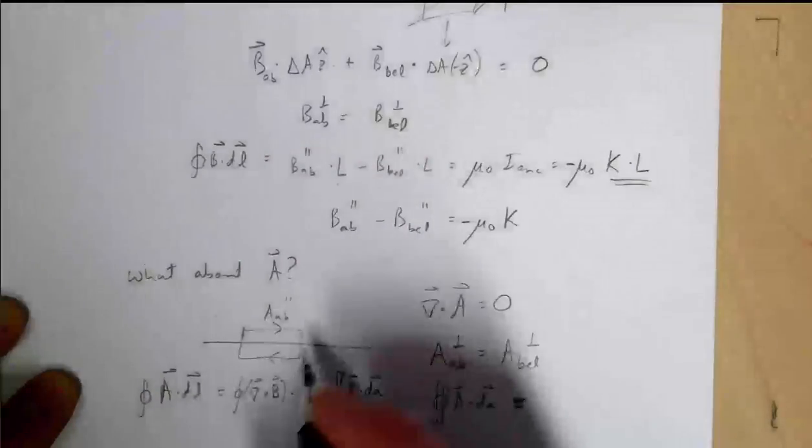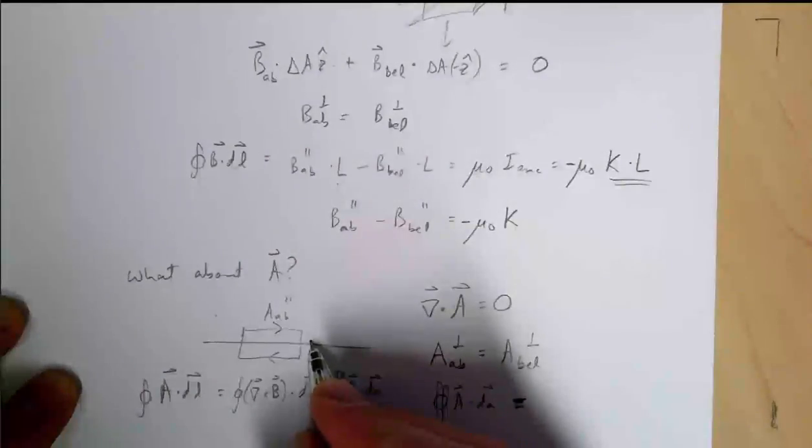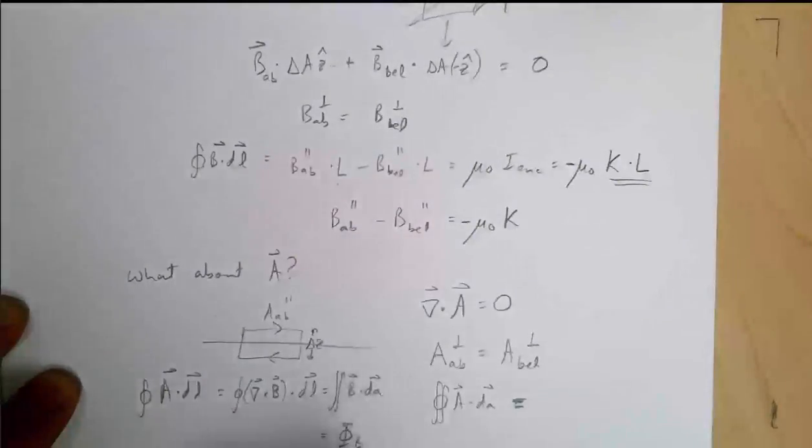So in other words, if I go around this loop here, I could again make a delta Z like I did before. I could shrink it down to 0. So then I could basically say that A above parallel times L minus A below parallel times L is going to be equal to the magnetic flux.